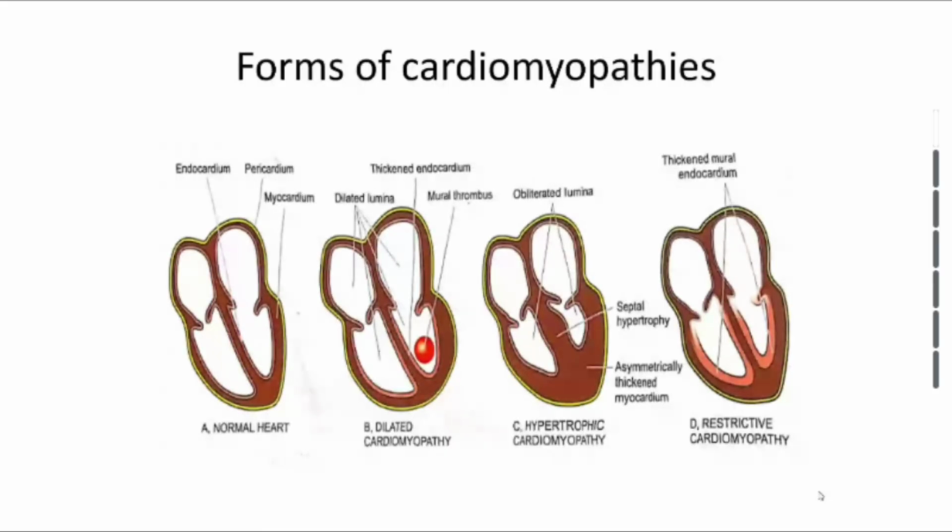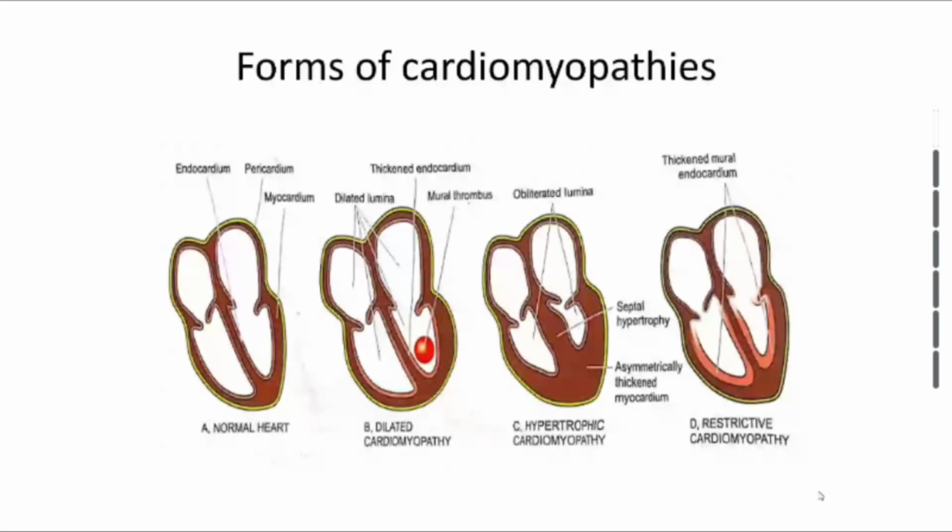And then the endocardium is thickened. Remember the heart: there is endocardium, there is myocardium, and then there is the visceral pericardium. So in this case, you have the endocardium becoming thickened. There may be those thrombus, mural thrombus we've already talked about. You can easily develop those thrombus there. So that is dilated cardiomyopathy.